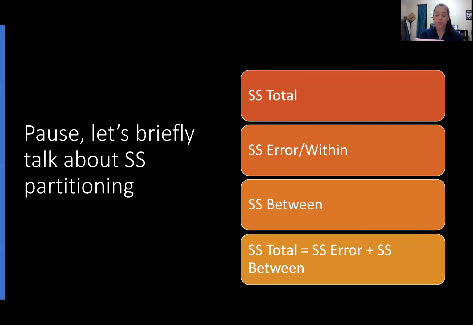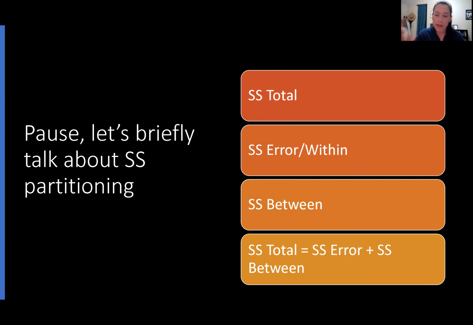Now, something I want to pause on really quick, I don't want to just fly right past the sums of squares. The general linear model is looking at the relationship of a single independent variable and a single dependent variable. There are 3 types of sums of squares to think about. These are going to be very important when we get to ANOVA.